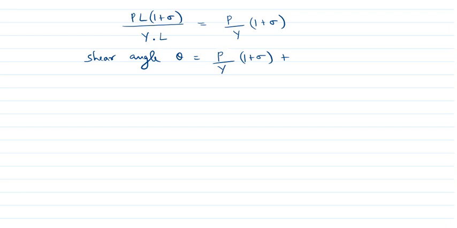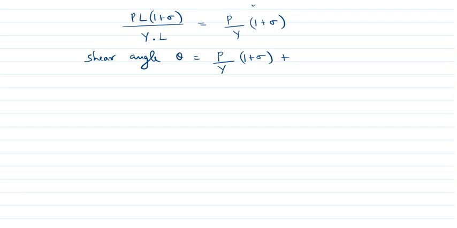So we can consider if the y-axis is parallel to extension and z is parallel to compression, then we can consider only one term here. If z-axis is having extension, then y-axis will have compression. There is no change in x-axis, so the shear angle will be obtained by taking the net component.